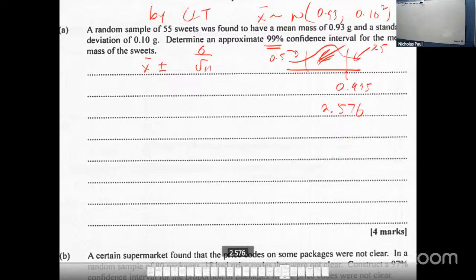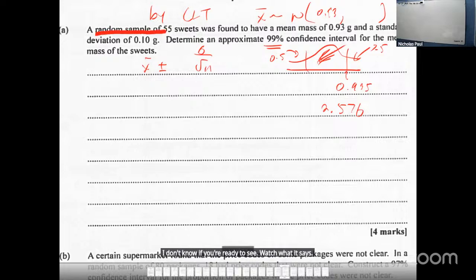Oh wait, I'm now seeing a problem here. Anybody recognize a problem here? Yeah, we could use this value 0.93, but I've seen a little problem. I don't know if you all read it closely. Watch what it says.